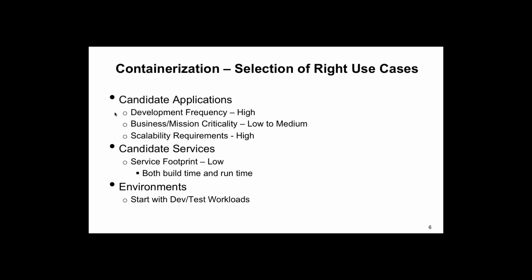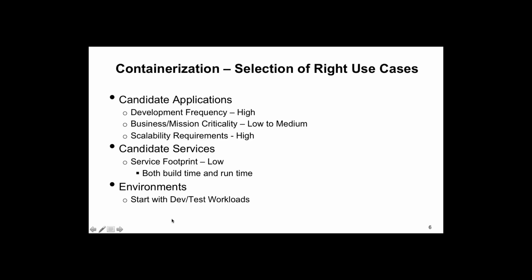So we have to pick the right set of services in this composite application, with the service footprint being light both at build time and run time. The reason for that is, if you have a huge footprint, then you'll be spending more time optimizing that footprint as opposed to actually containerizing the application services.